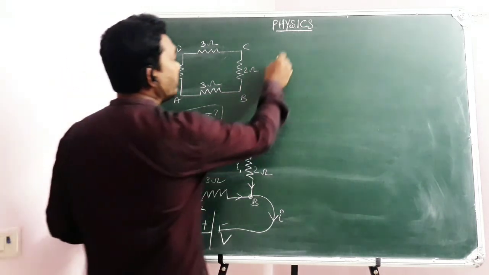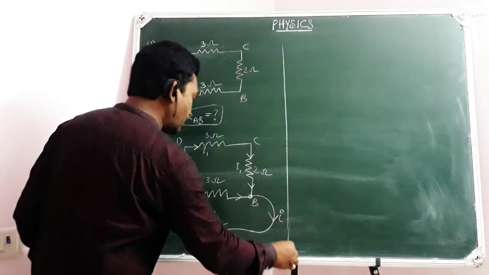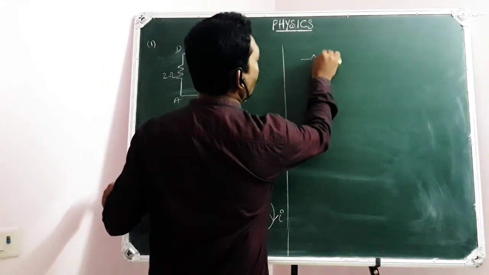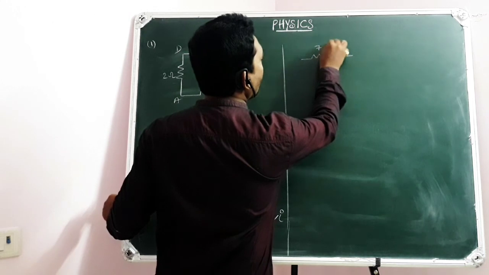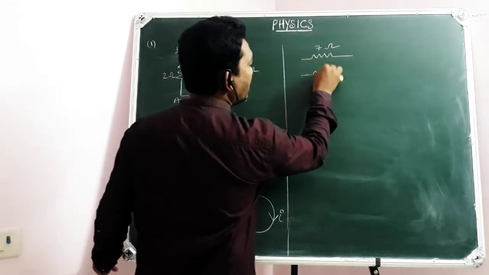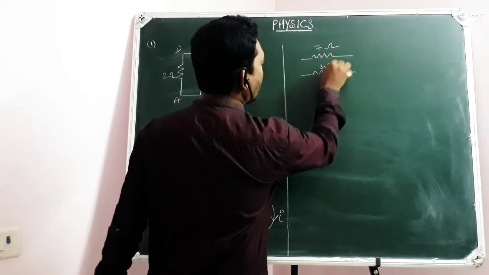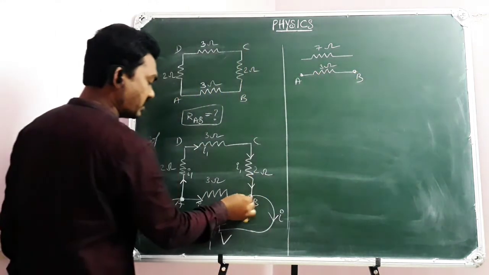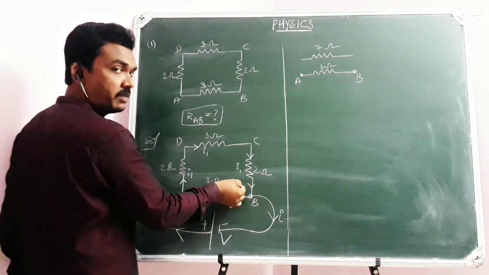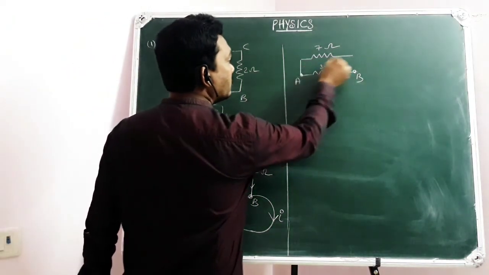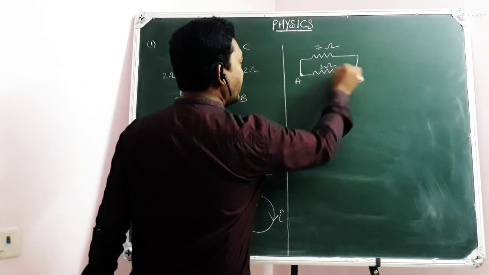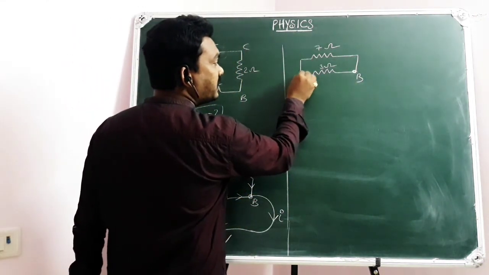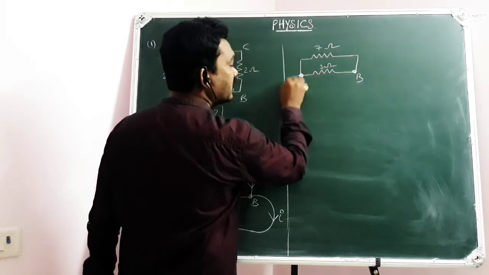But already there is a 3 ohm resistor across AB. So now 3 ohm and 7 ohm are in parallel between the two common points A and B.